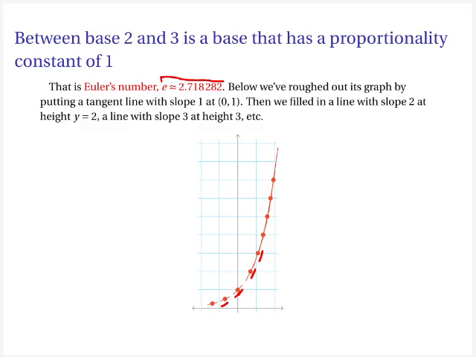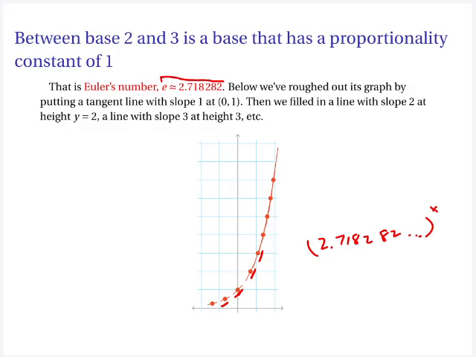When you rough out the tangents, you get this characteristic upward sweep. And so this is a graph of 2.718282, etc. to the x.